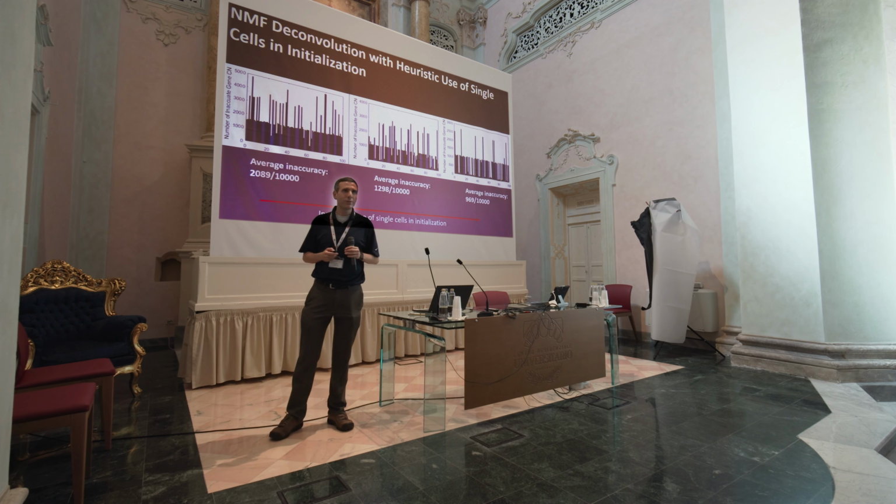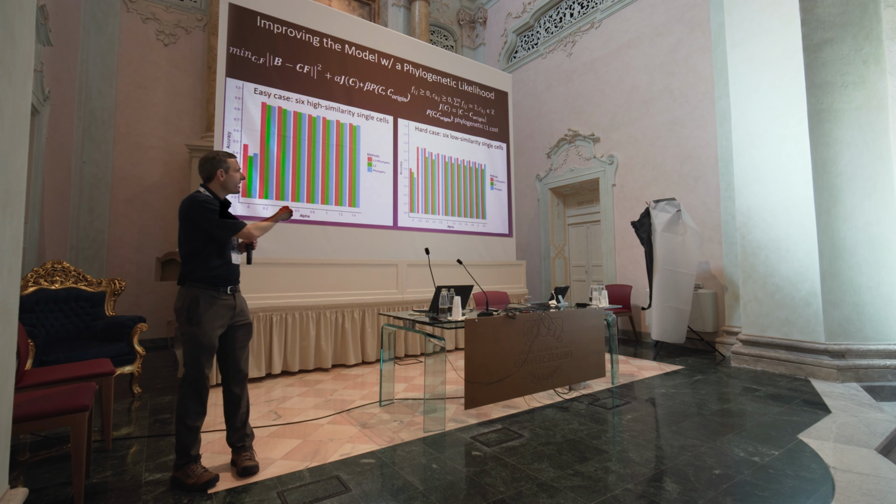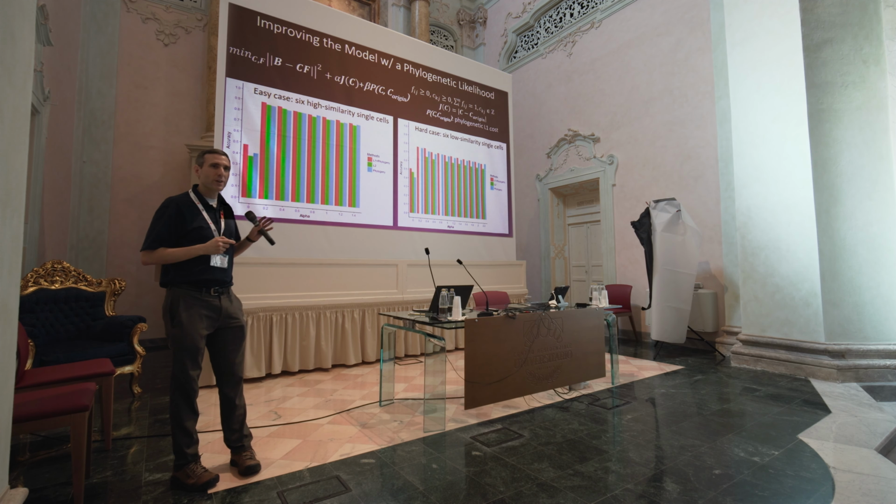The modes we're trying to discover in our deconvolution should look like they're related to the single cells we observe. You can build that in by building a phylogeny, throwing in, in this case again, an L1 objective, so a very crude minimum evolution phylogeny. And it turns out that sometimes helps you. If you're looking at samples with very low heterogeneity, so not a lot of divergence, it really doesn't matter how you measure your similarity.